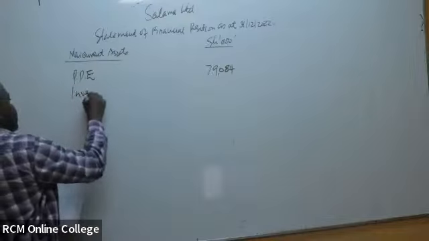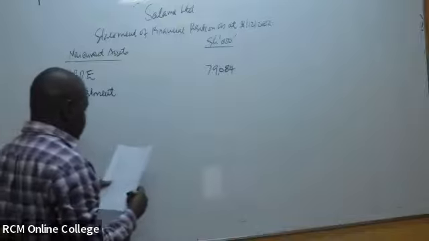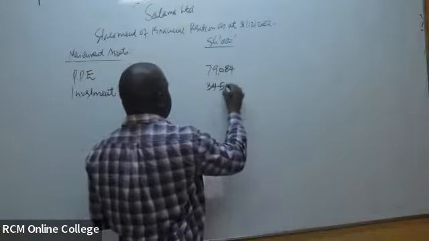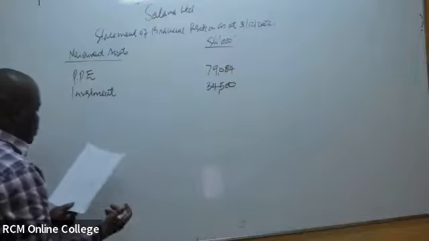We have investment. From the TO balance, it is 34,500. There's no other item.